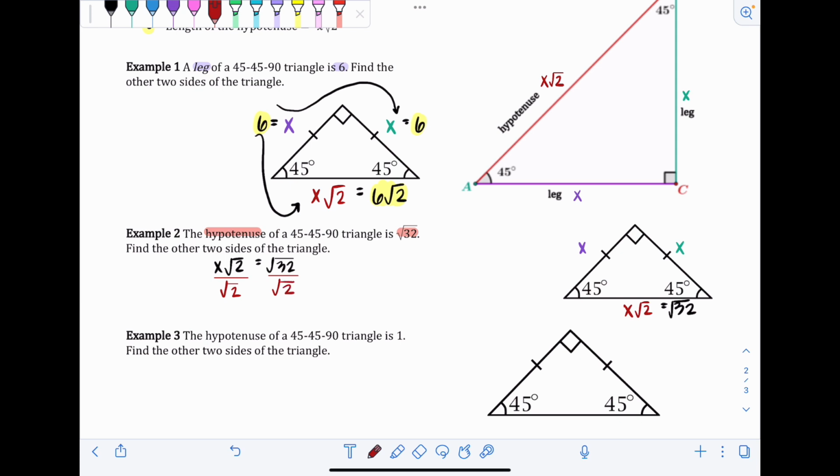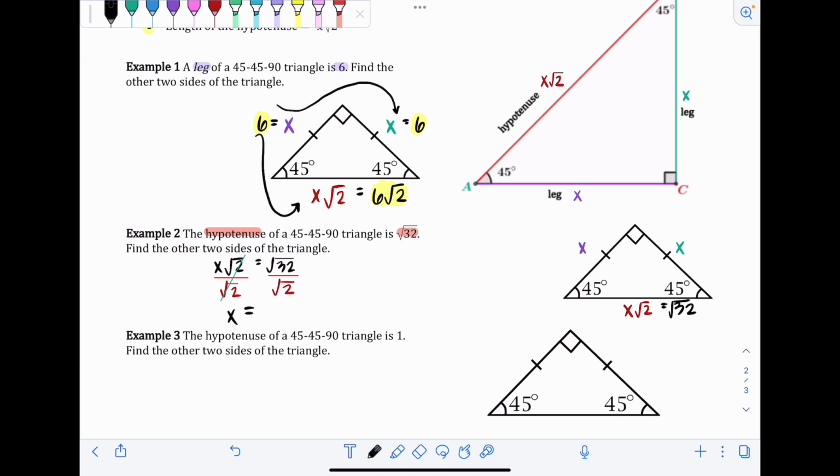Or the square root of 2, sorry. So it's x times the square root of 2. I'm going to divide both sides by the square root of 2 to cancel it out. And then I will have x equals, and if both numbers are inside the radical, it's okay to multiply or divide them, as long as they both have that square root.